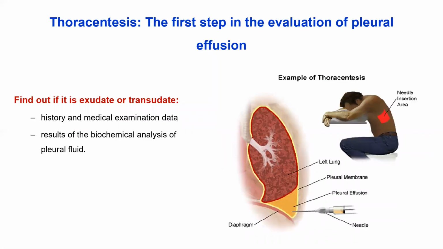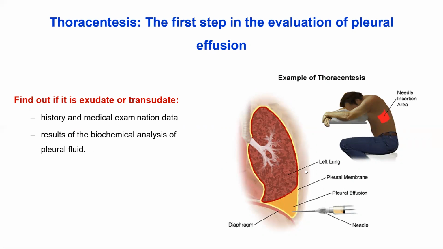The next step of the diagnostic process is the identification of the cause. To confirm the etiology of the disease, we do pleural puncture and refer the exudate, the pleural effusion fluid, to laboratory testing.